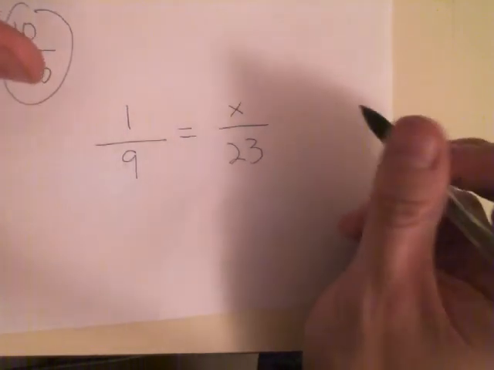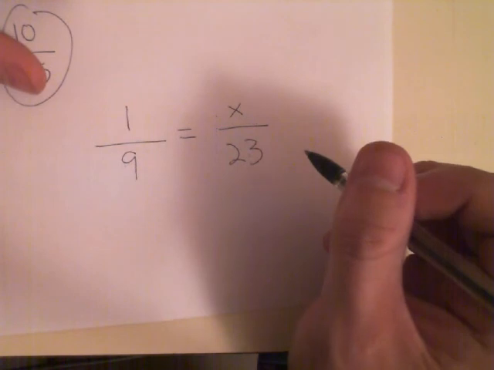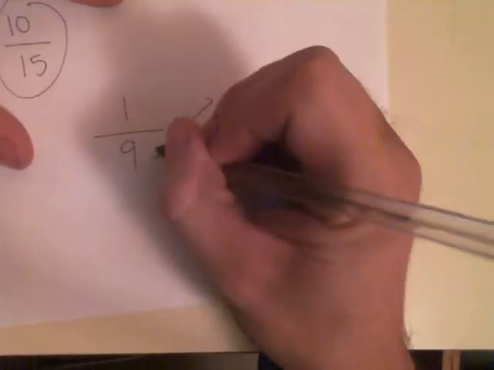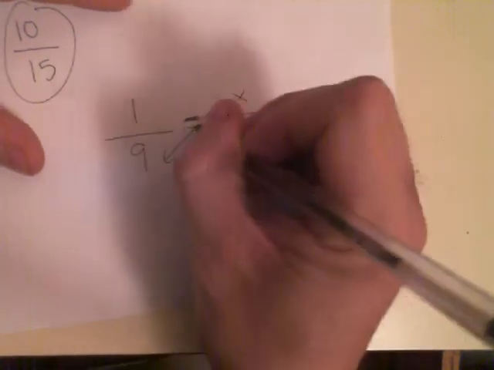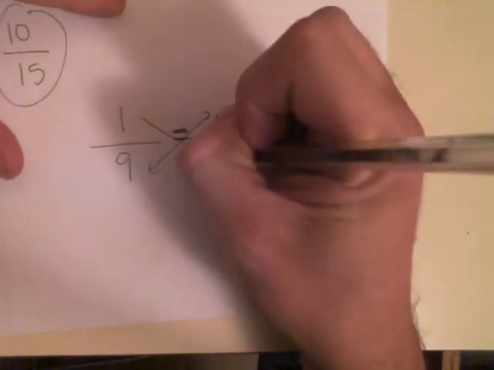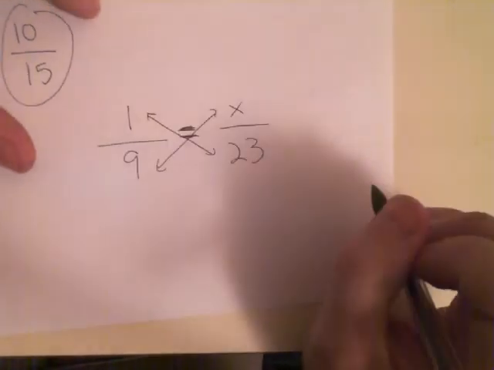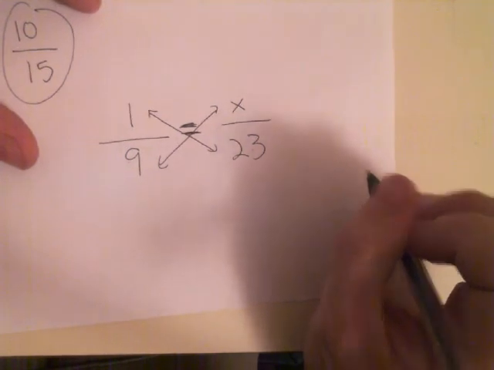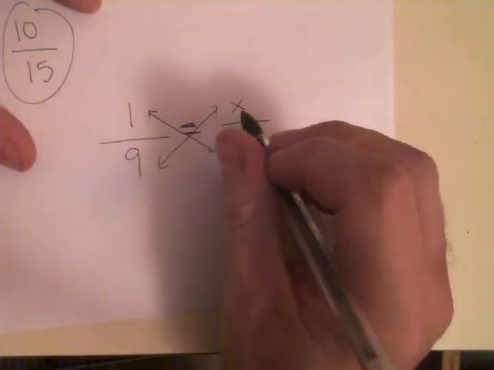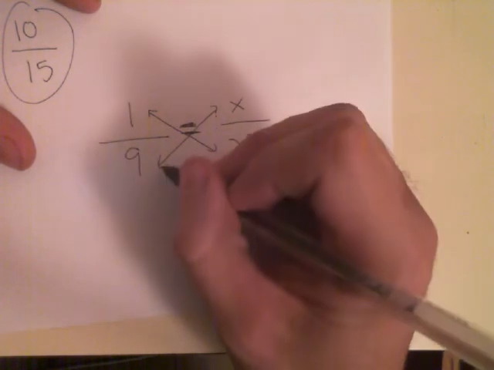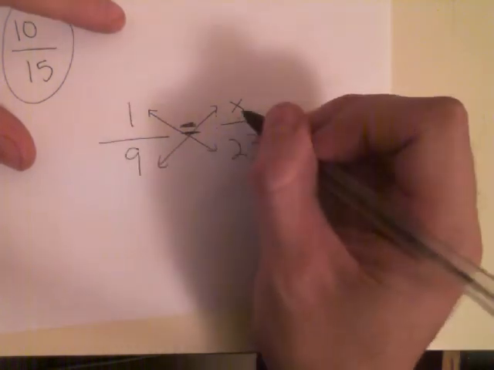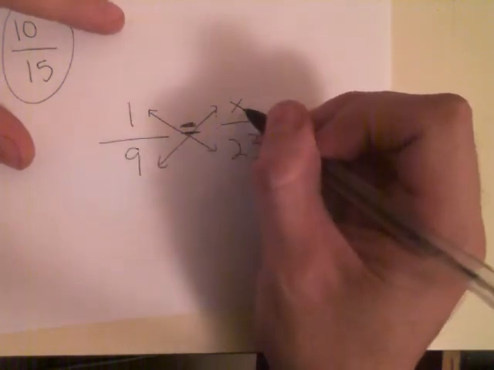Thankfully, we have a process that's going to help us figure this out quickly. Now, if I take a proportion that I know is equal, there's going to be a special quantity that I'm going to get from multiplying the denominator of the first ratio times the numerator of the second ratio.